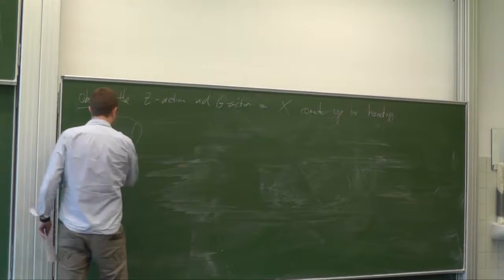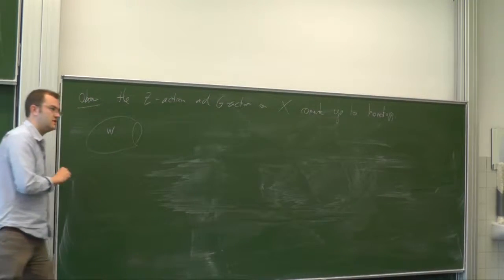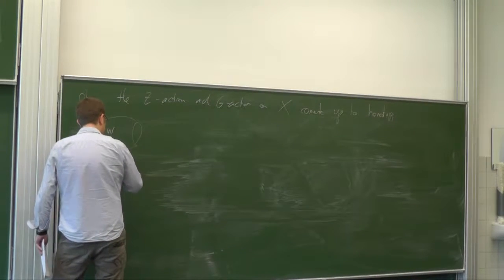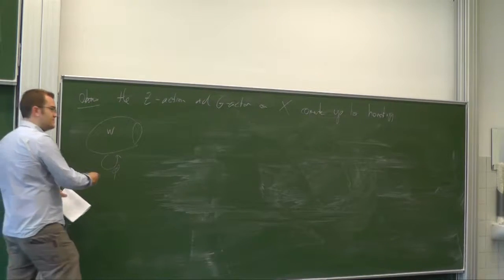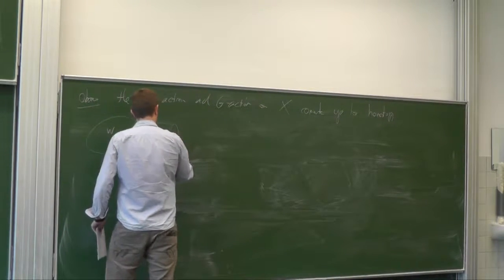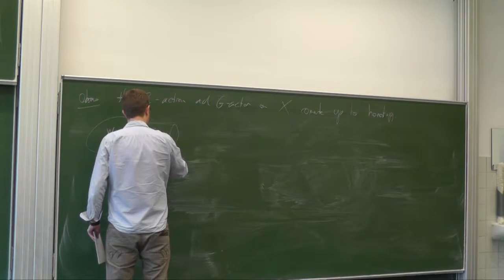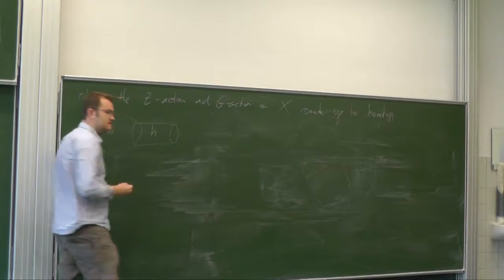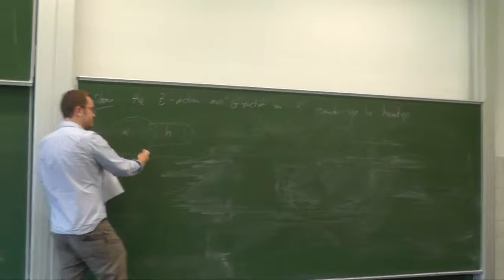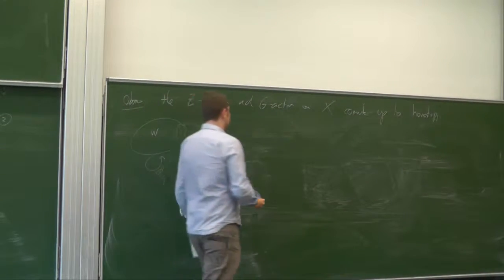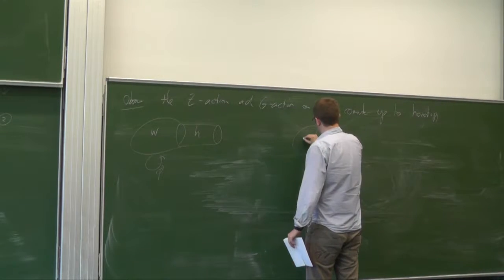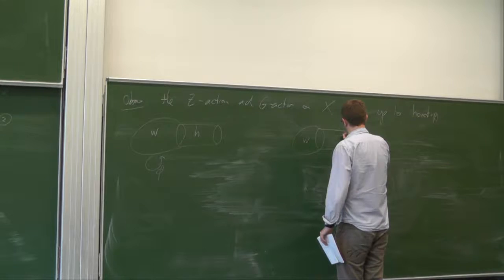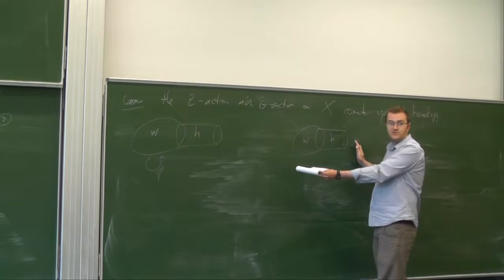We can take some metric on the manifold W, and we can take a diffeomorphism of W. We can change the metric by the diffeomorphism, and then we can glue on some other metric, G or H. So that's doing the diffeomorphism first, then you glue on H. Alternatively, you start with the metric you had, you glue on H, then you consider that to be the manifold WG using this diffeomorphism, right?